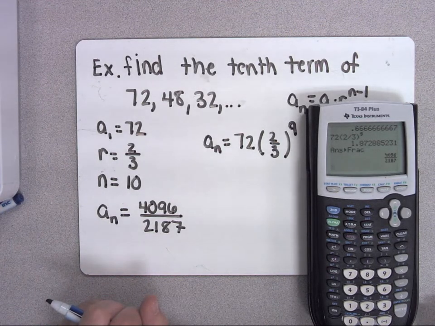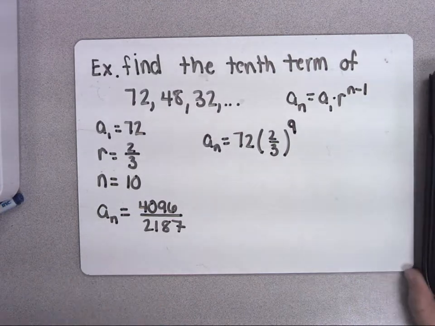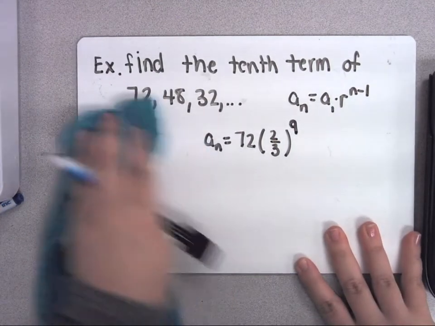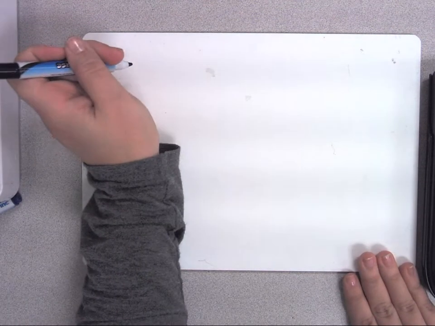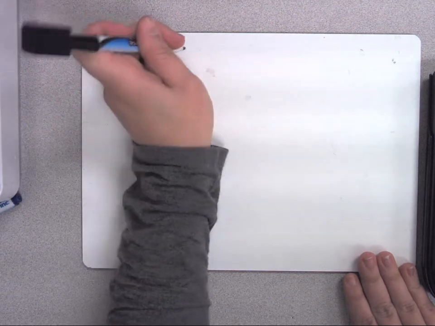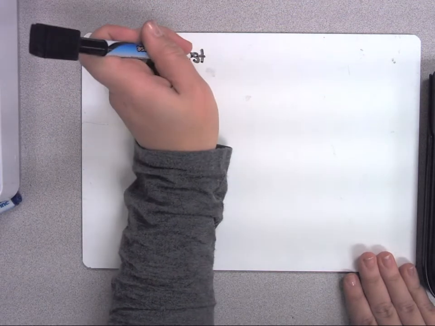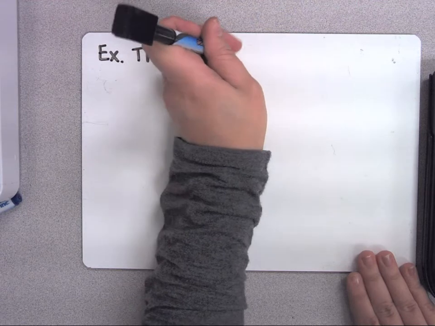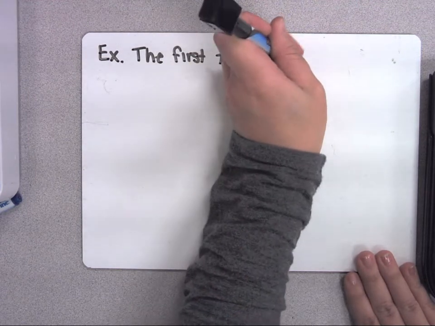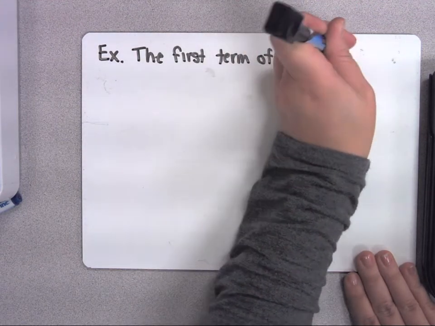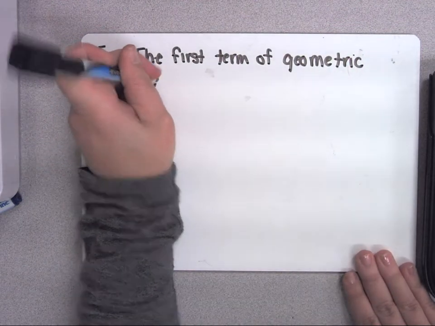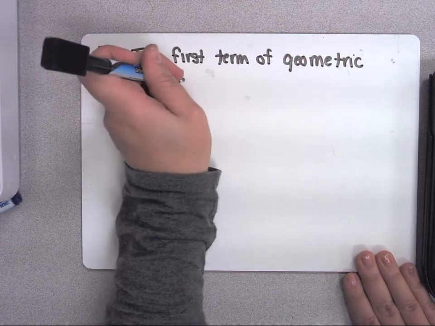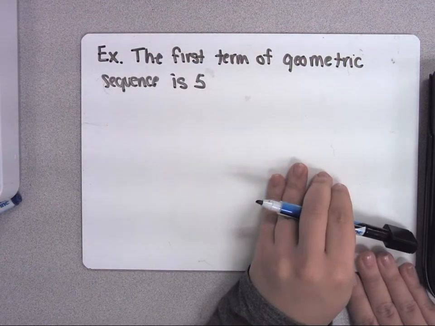It may sometimes just give you bits and pieces. Last type of example, it may say the first term of the geometric sequence is 5. I'm making this up.